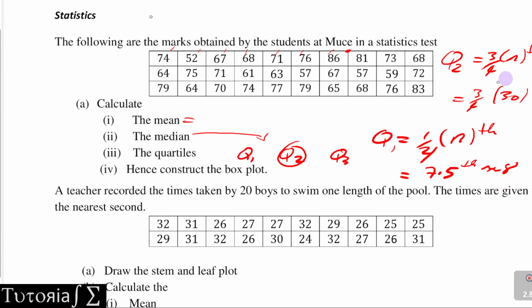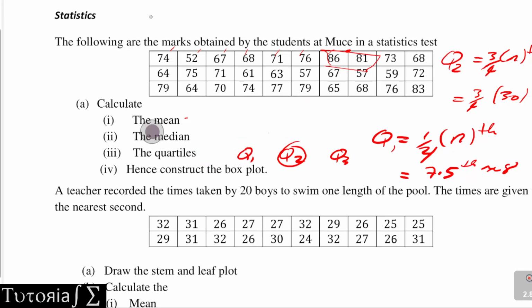So you count the data to the 22.5: 1, 2, 3, 4, 5, 6, 7, 8, 9, until you get to the 22.5 position. Then, since it's halfway, you find the average of the numbers sitting around 22.5. Remember, your data has to be in ascending order, and you're done.